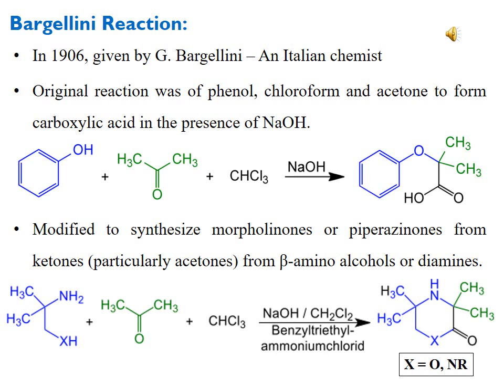Likewise, if X is oxygen, then this six-membered ring having nitrogen and oxygen at 1 and 4 position, and you know, if oxygen and nitrogen both are present in the heterocyclic ring, then oxygen is given preference and it is given number 1 position, and nitrogen will be the number 4 position. Then this part is called morpholine, but here due to presence of ketonic functionality, it is also named as morpholinones.